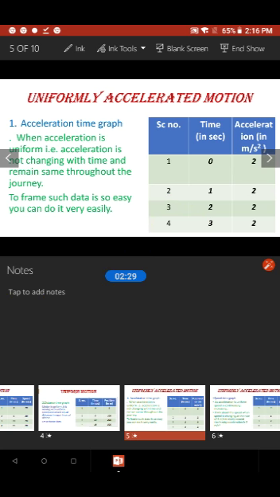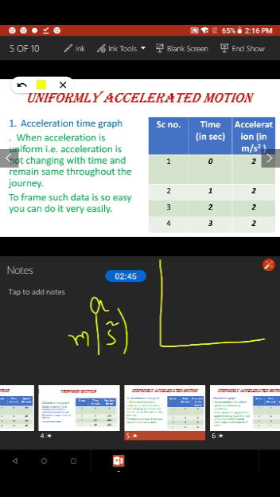The next thing is, if we draw a graph of uniformly accelerated motion, the graph in between acceleration and time. This is acceleration in meter per second square, and this is t in seconds.